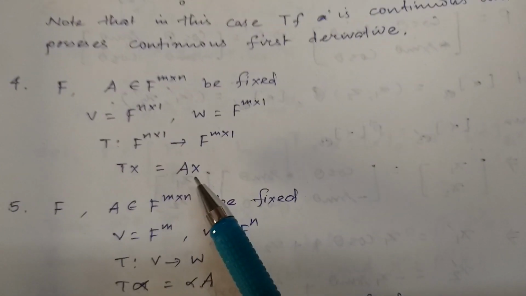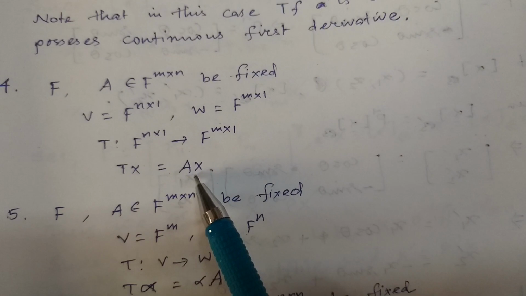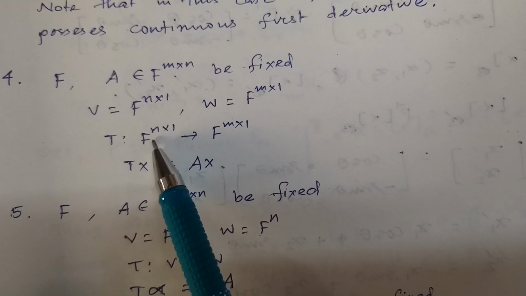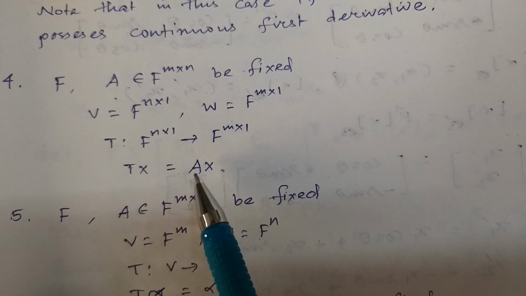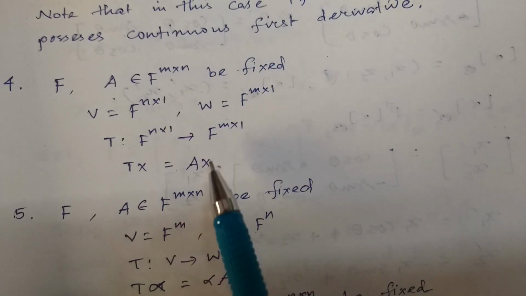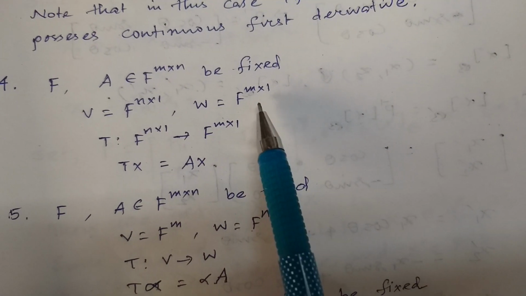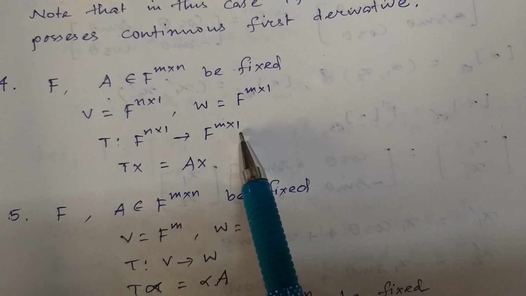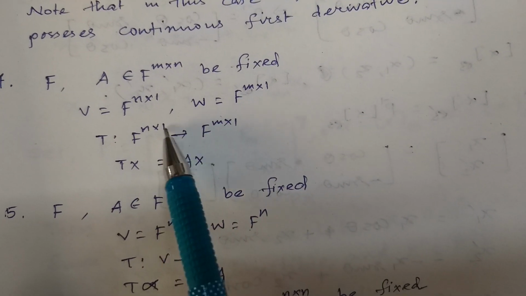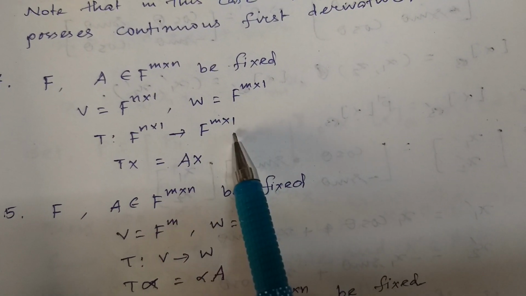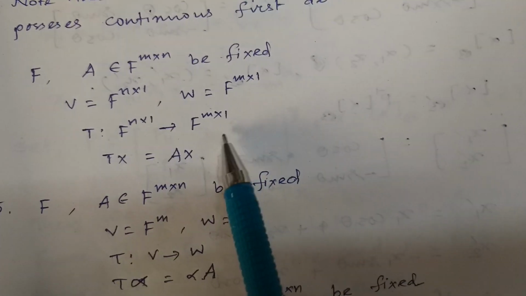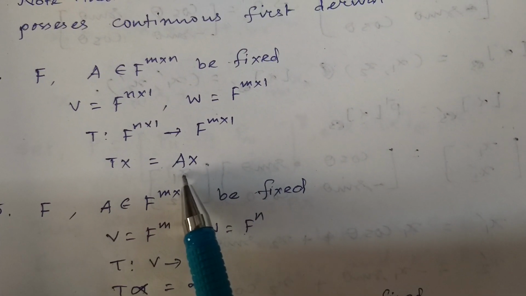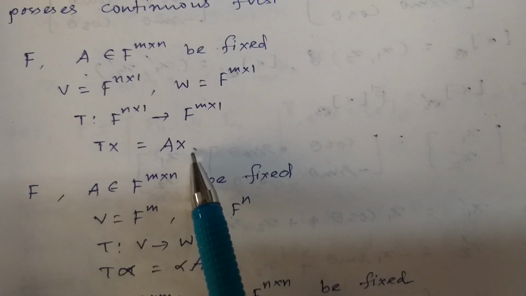How? T(x) = Ax. So any element x, its image will be Ax. A is a fixed m × n matrix and x is n × 1, so definitely Ax will be m × 1. Clear? One can check that this is also a linear transformation.